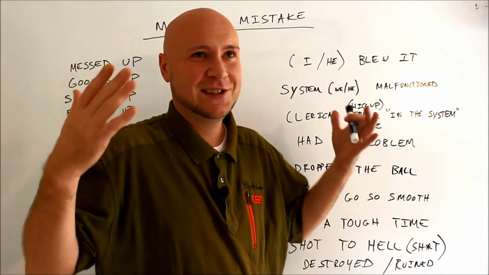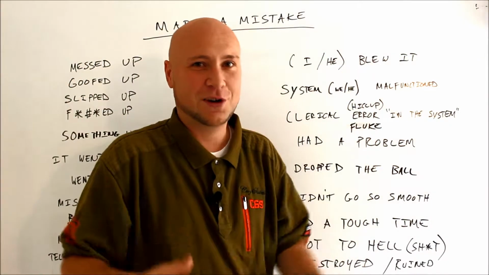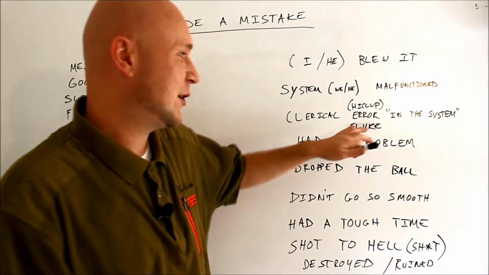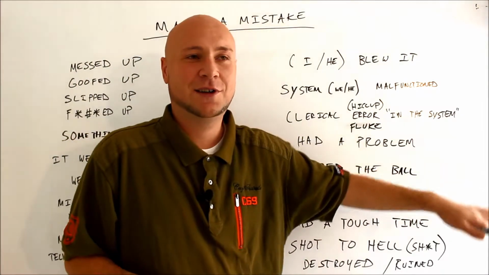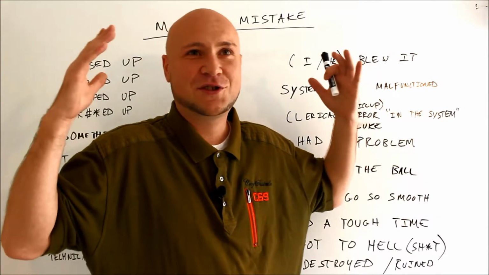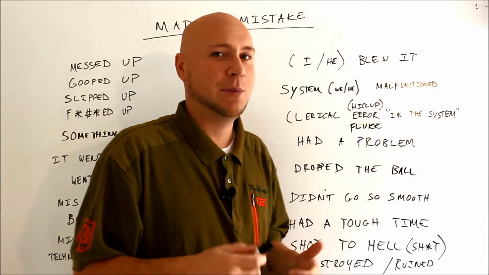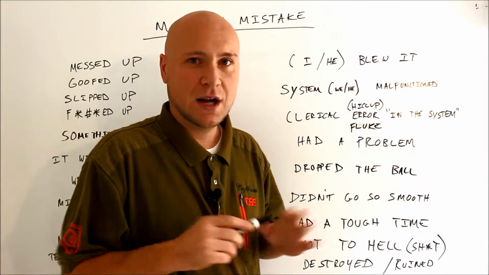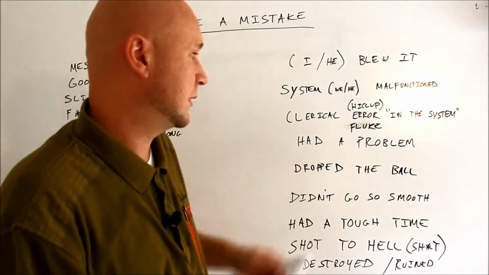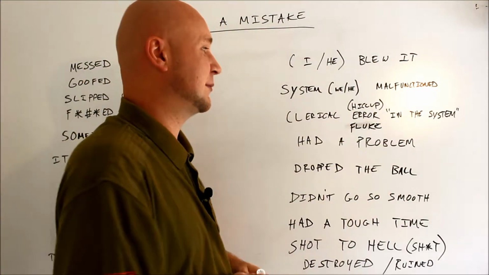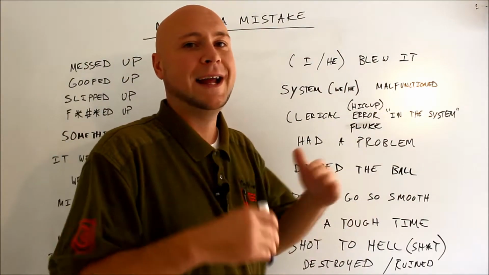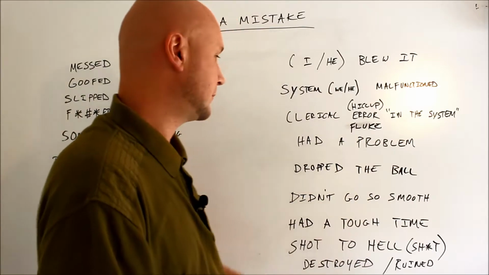It was something beyond the ordinary, a fluke. So if there was a fluke in the system, that would mean that just something unexplainable happened that will never, ever, ever happen again. A fluke. So there was a fluke in the system, a hiccup in the system, or an error in the system.